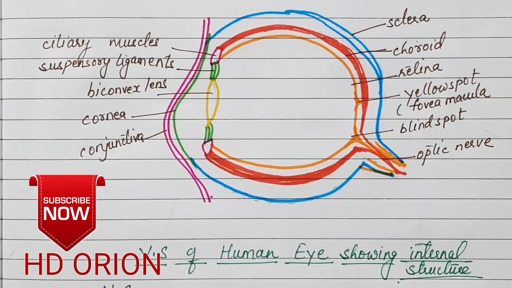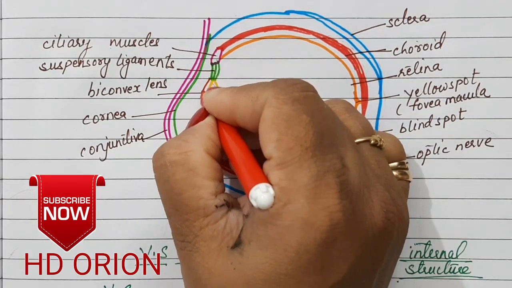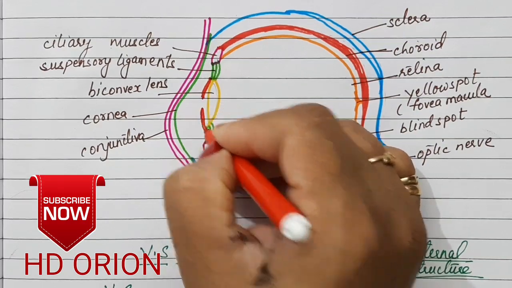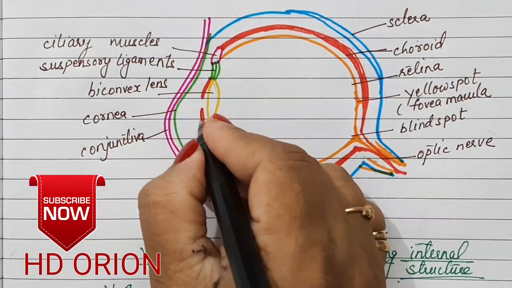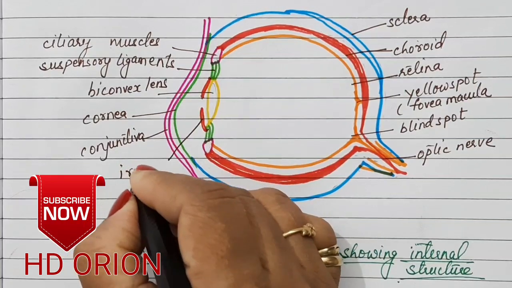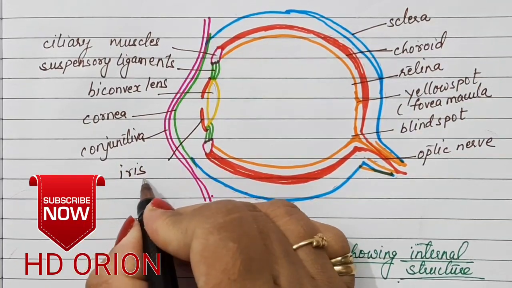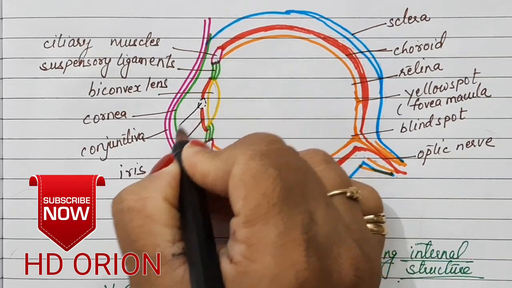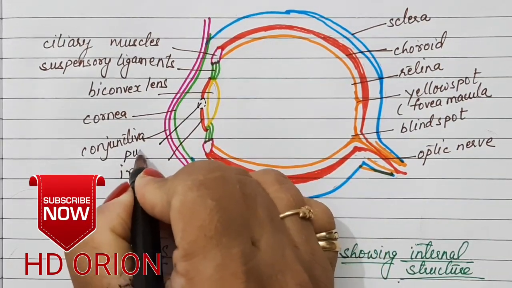In front of the lens is the iris. This iris is colored. It gives color to the eye, and this opening is called the pupil.